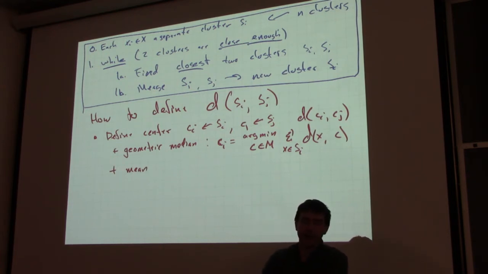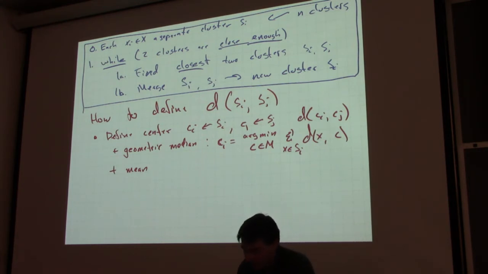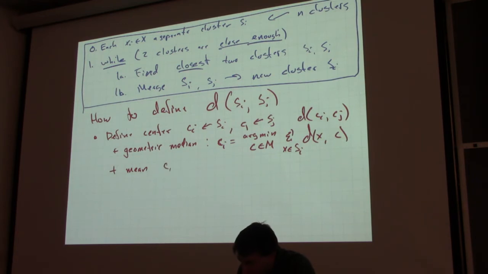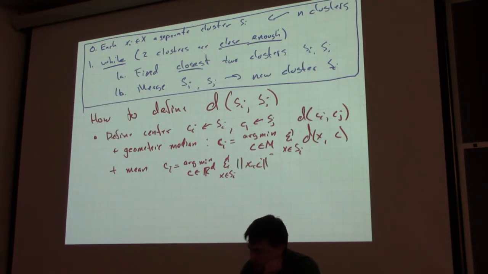Now, if I'm using Euclidean distance, then I would set Ci to be the arg min of C in this metric space, let's say this is going to be just R^d, of the sum over all x in Si of the distance from x to C, let's say the Euclidean distance from x to C squared.